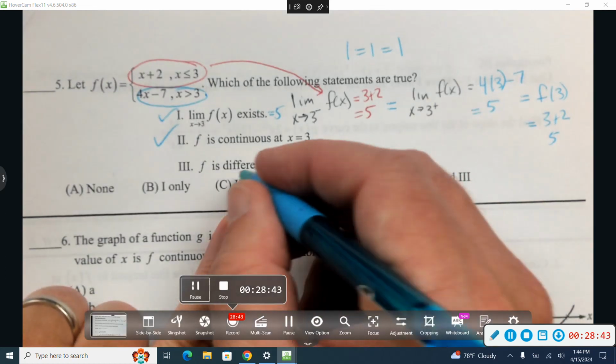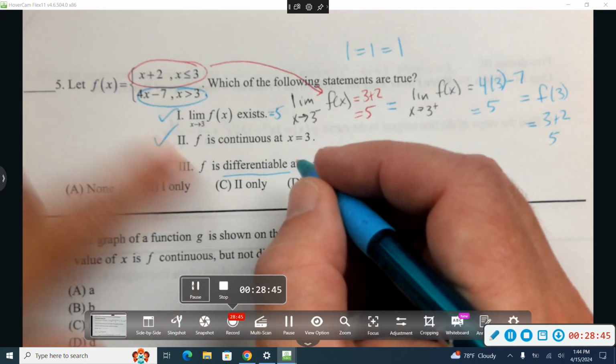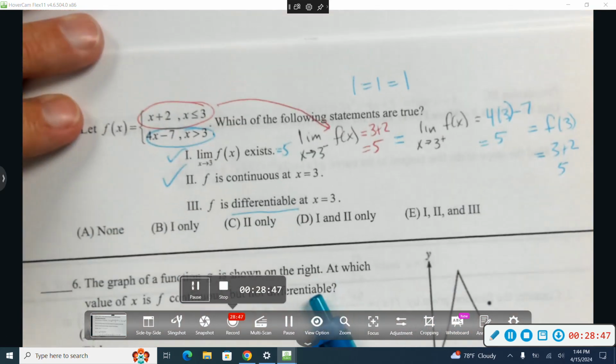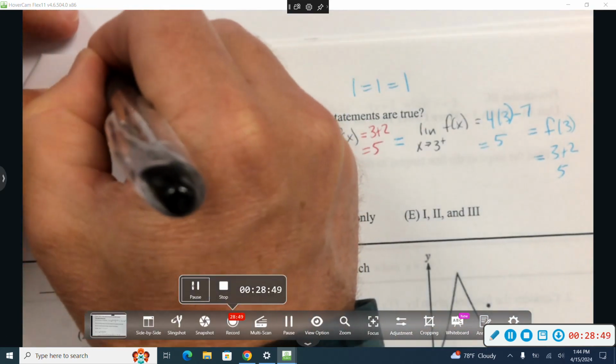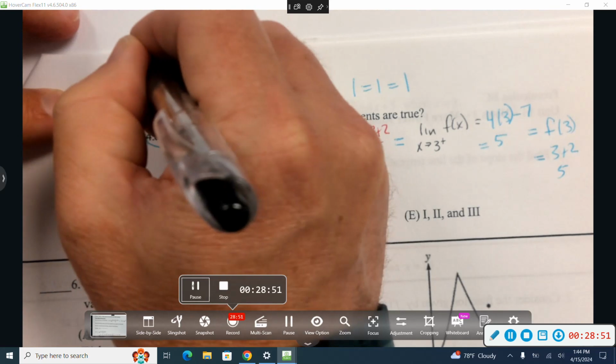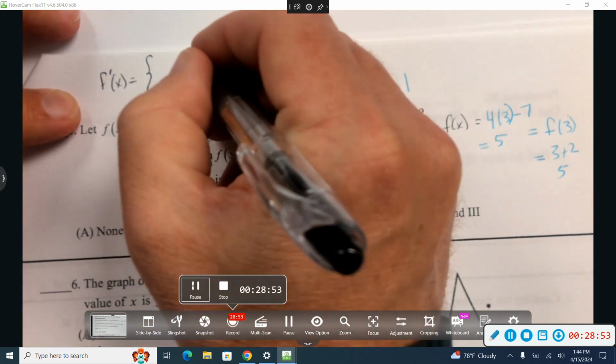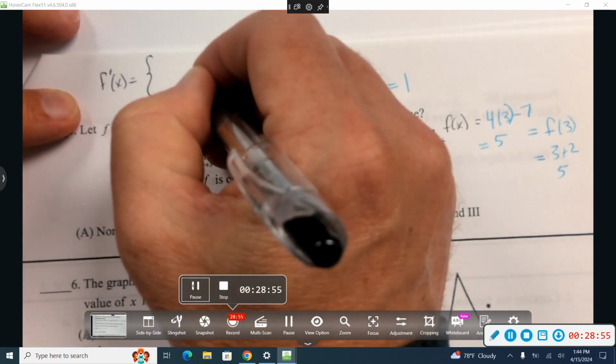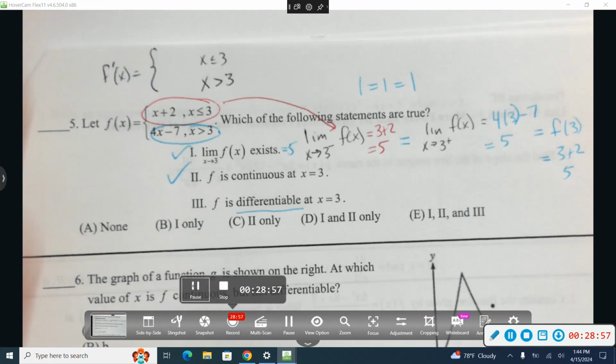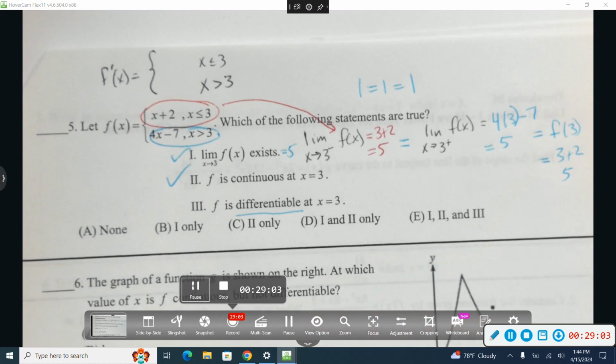Okay, differentiable at x equals 3. So that means the derivative at 3. And I need to check the derivative from both sides. It's a similar process, but instead of checking the function, I'm going to check the derivative. So I know they meet at 5, but I need to know if they meet at a corner or if they meet smoothly.